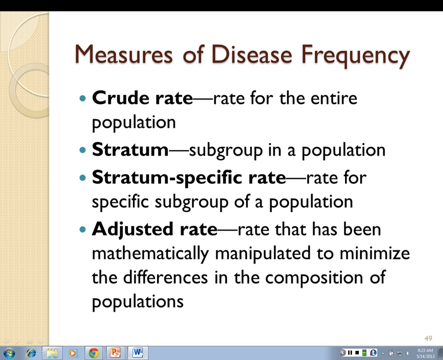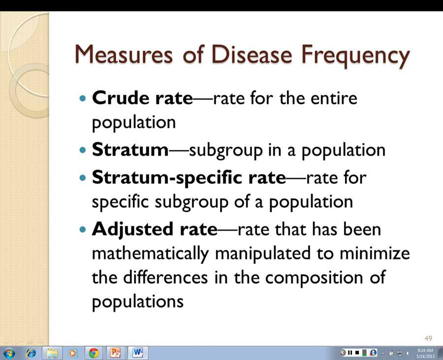Now, so far, we have learned how to calculate incidence and prevalence for populations as a whole. It is often useful to examine rates for a population as a whole to get a big picture view. However, when we only examine the big picture, we lose the ability to identify meaningful differences among subgroups of the population.